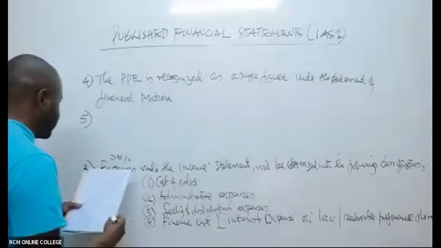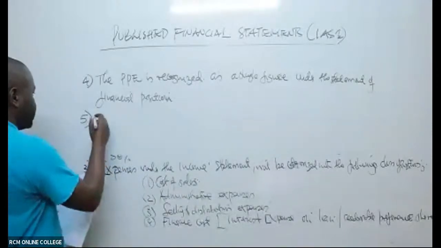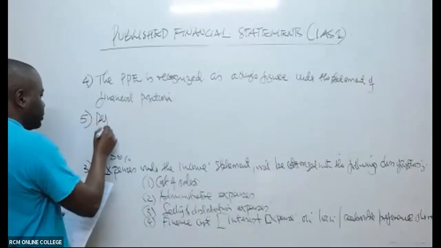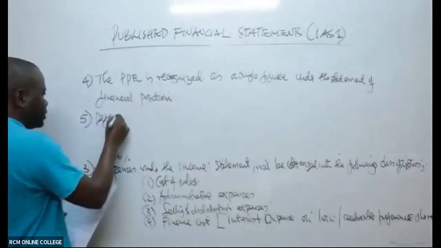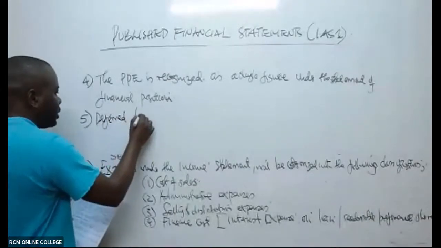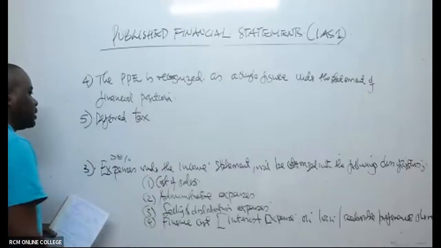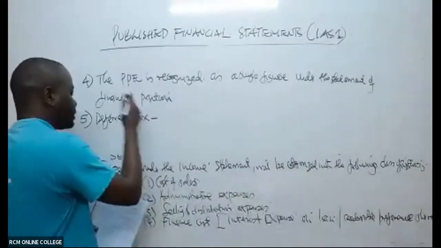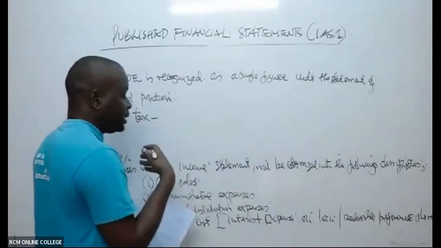So you must take note that under published financial statements, we have the deferred tax, which we learned about. If you can recall this topic, we say deferred tax is tax claimable from the company in future.